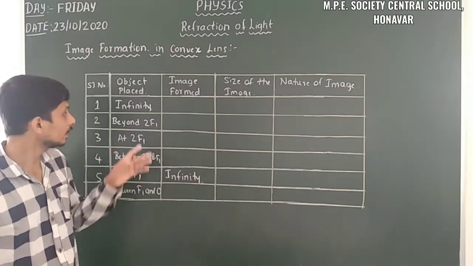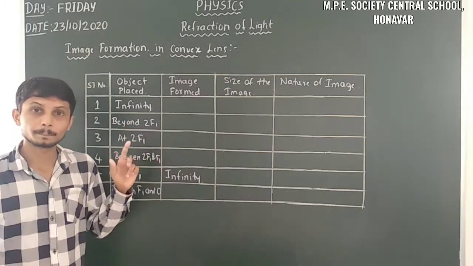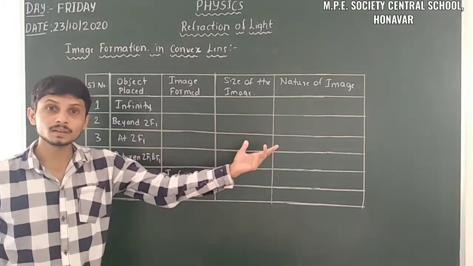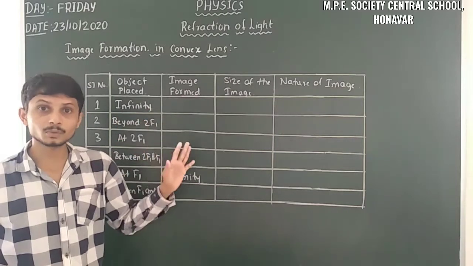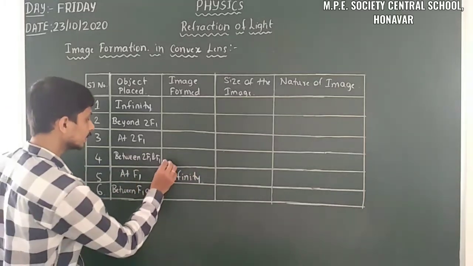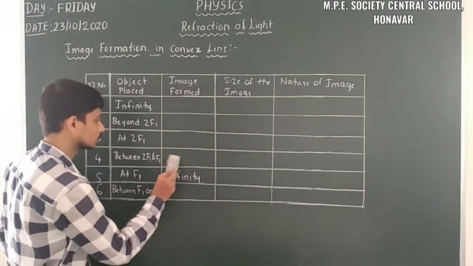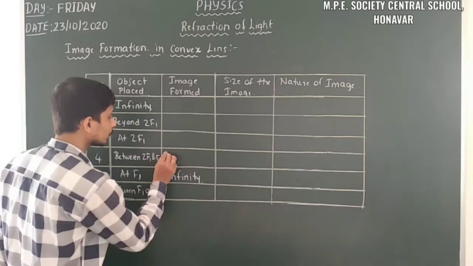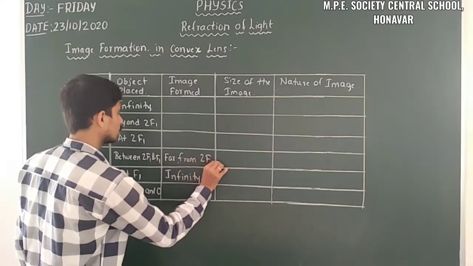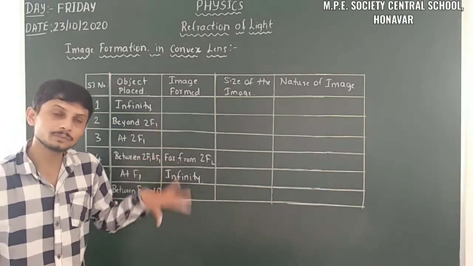Then we have to write beyond 2f1, but remember, if the image is formed on the other side of the lens, instead of 2f1 we have to write 2f2. That is, far from 2f2. Then at 2f1, here we have to take at 2f2.